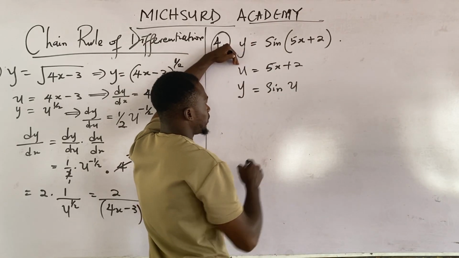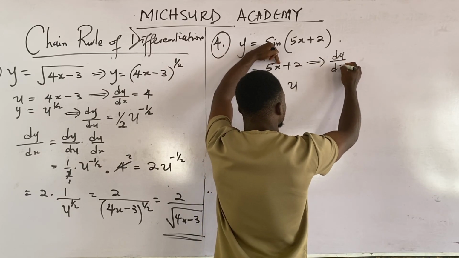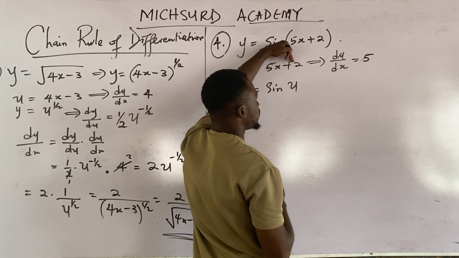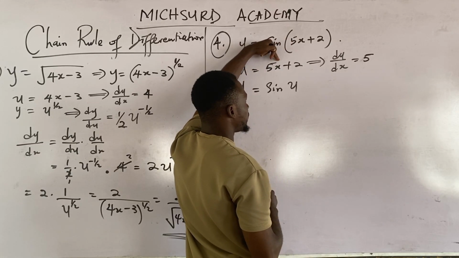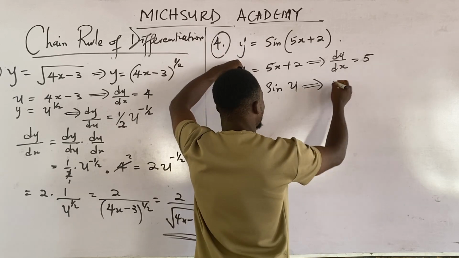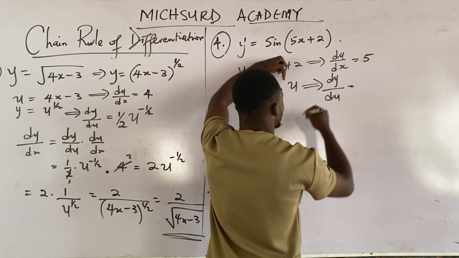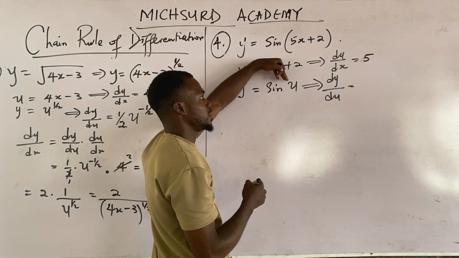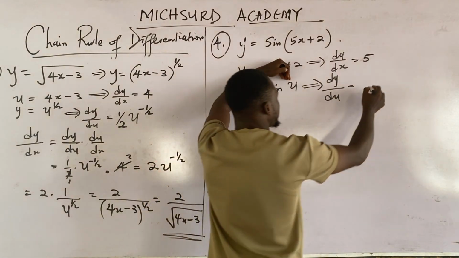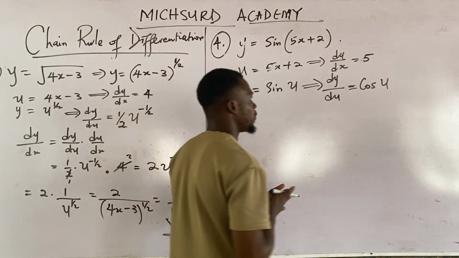Now, if we differentiate u with respect to x, the 2 will go out, then differentiating 5x, we have 5. If we differentiate y with respect to u, the derivative of sine u will give us cos u.